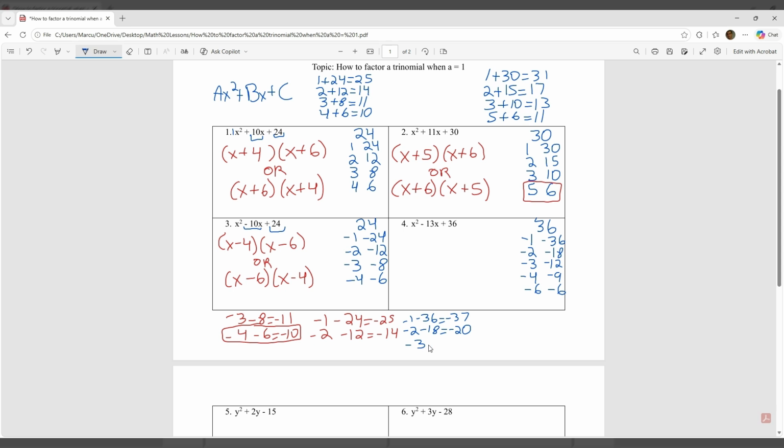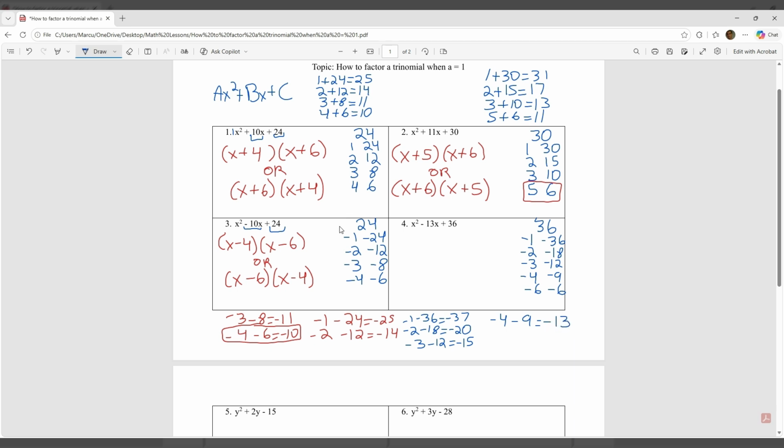Negative 3, negative 12. That's going to give us negative 15. Negative 4, negative 9. When you add those numbers, negative 13. And we already have what we need.